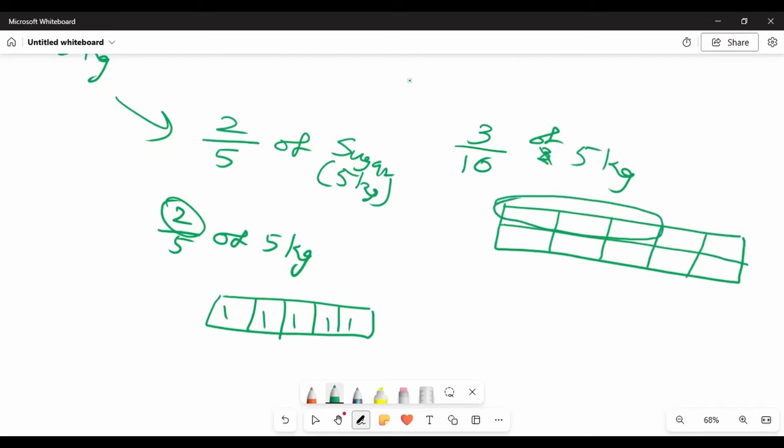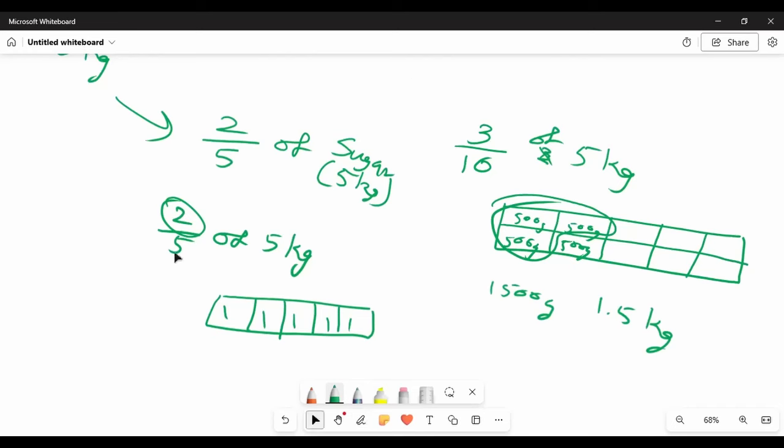If you divide 5 kilograms into 10, each would be 500 grams. If you take 3 of them, that gives you 1500 grams or 1.5 kilograms. Understood the purpose of doing multiplication? So we have a fraction of a total quantity. Are you all clear with this?